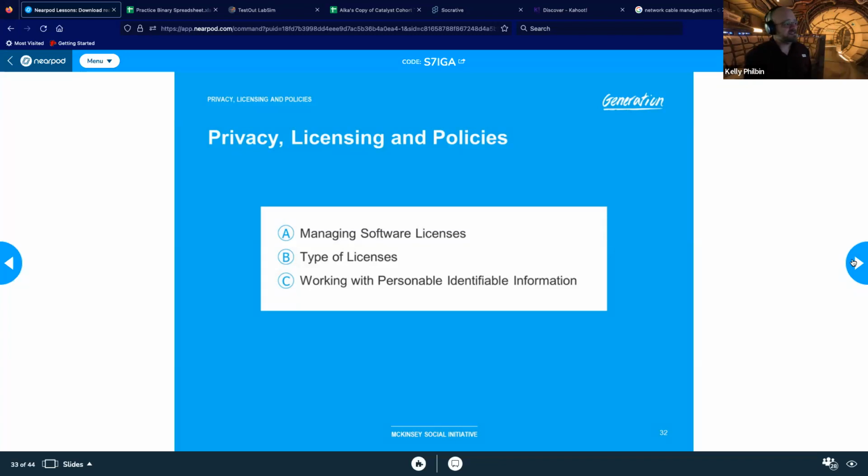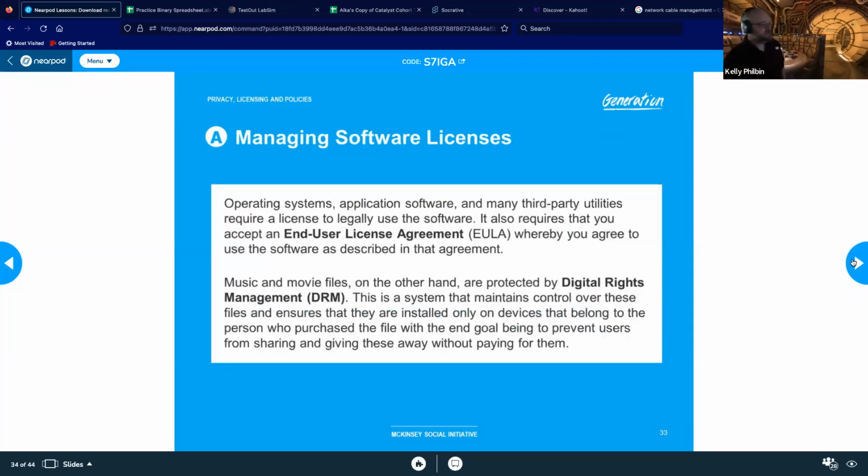Next, we're going to talk about privacy, licensing, and policies. So, software licenses. If you are not using Linux as your base software for your organization, you will likely need to have an EULA, or end user license agreement, with every version of the software that you have.